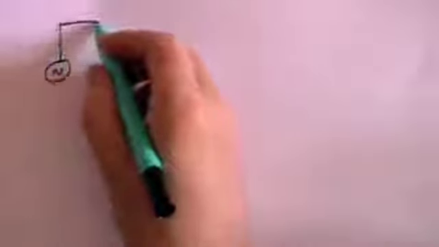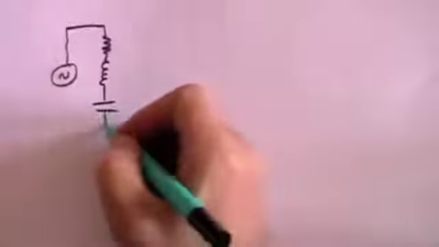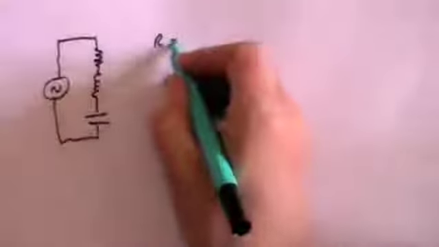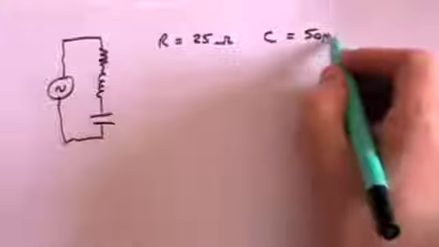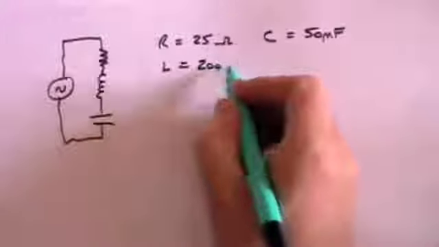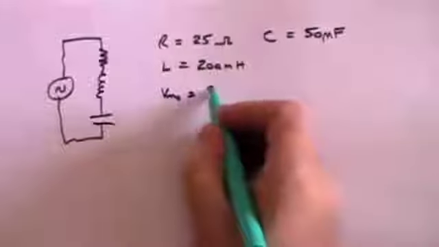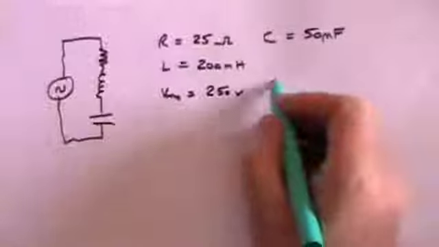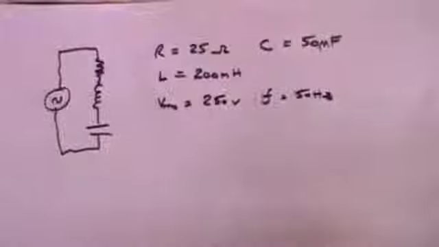And now let's look at an LRC circuit. We've got a resistance, an inductance, and a capacitor, all in the same circuit. I can tell you that the resistance is 25 ohms, the capacitance is 50 microfarads, the inductance is 200 millihenries, the RMS voltage again is 250 volts, and the frequency is 50 hertz, what you'd get from the UK mains broadly.